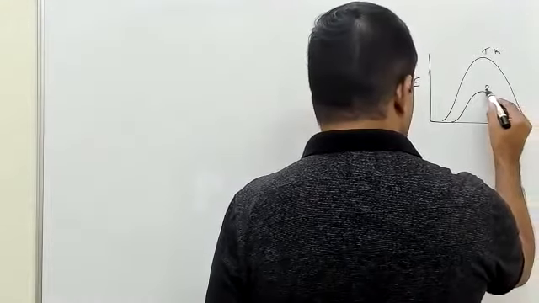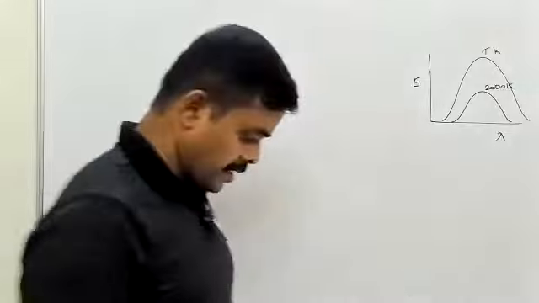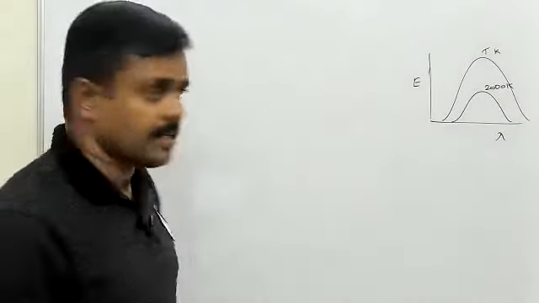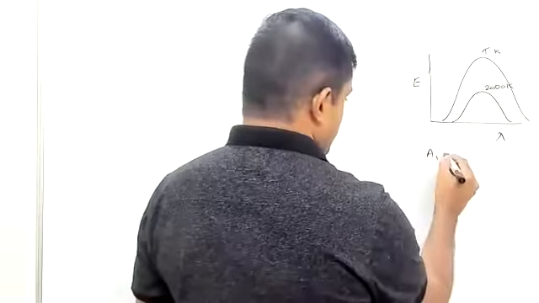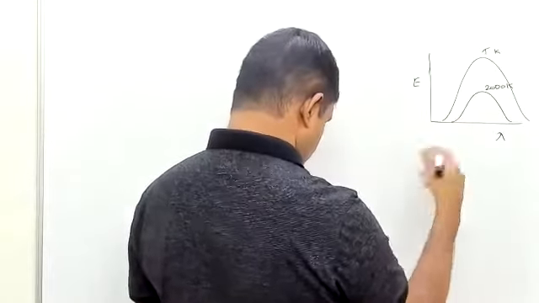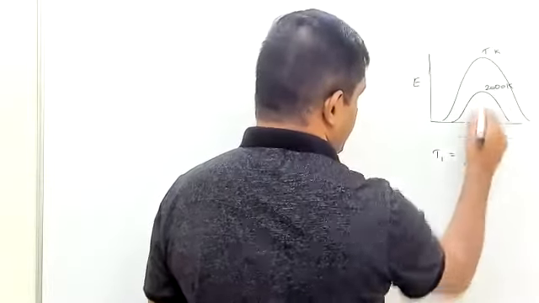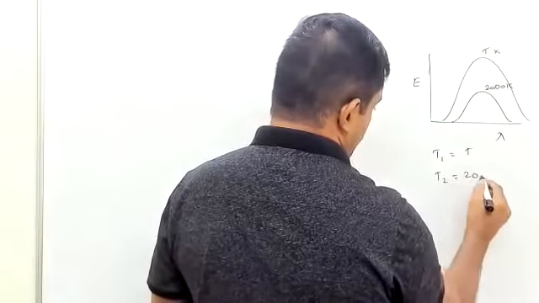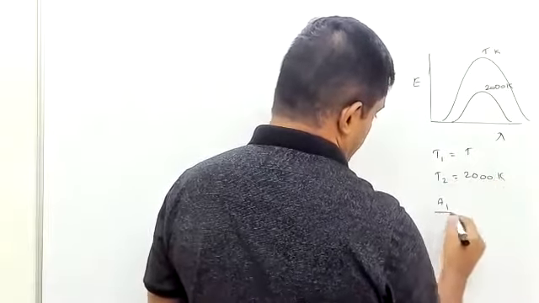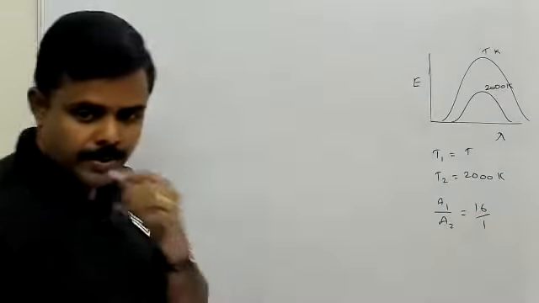Areas under the curve: A1 by A2 ratio is 16:1. So I can take T1 as temperature T Kelvin, then T2 is equal to 2000 Kelvin.